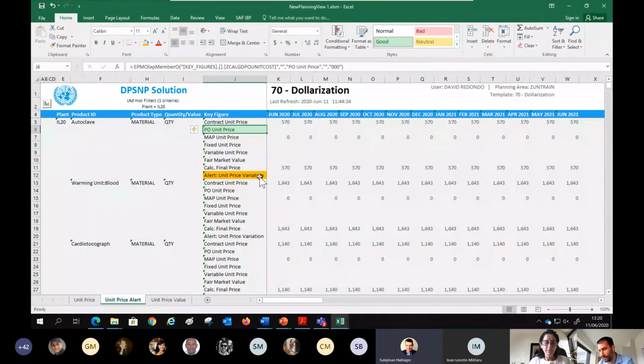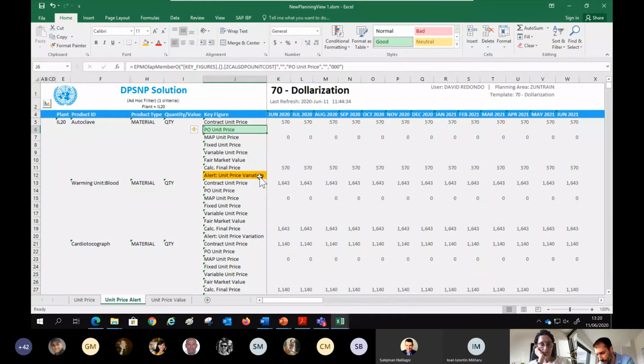Okay, thank you, Thuli. So this is also again for Dinesha, right? Because if we understood correctly, the sequence, or let's say the priority that the solution gives to the price, it goes first to fair market value, right? So in the example that Thuli explained, we give first the fair market value, and then we will have a contract unit price, for example.